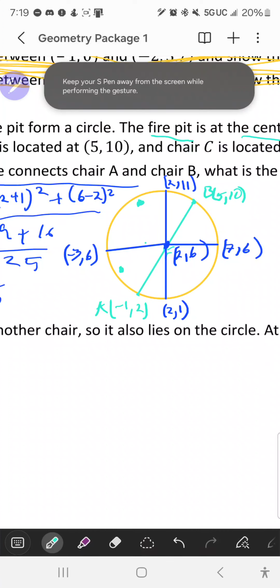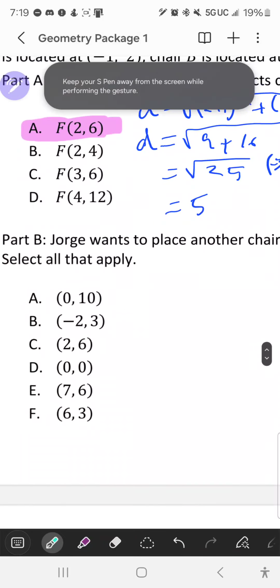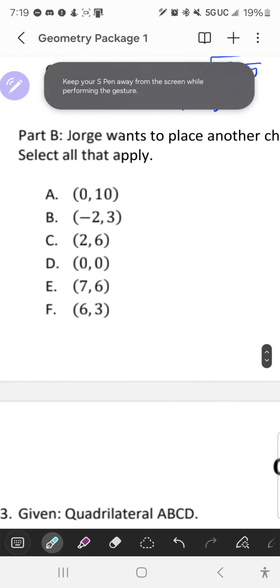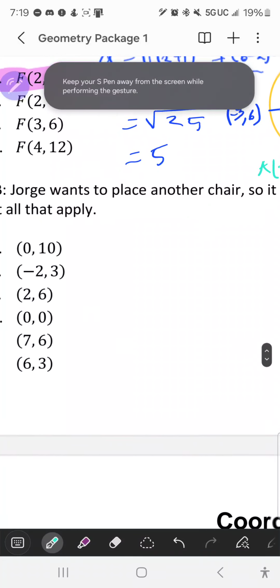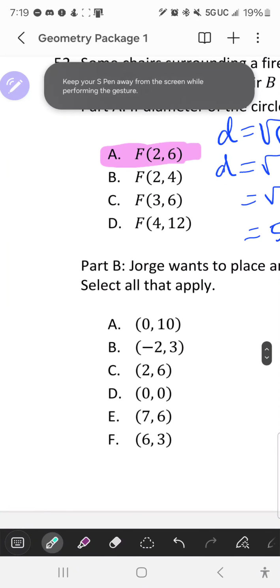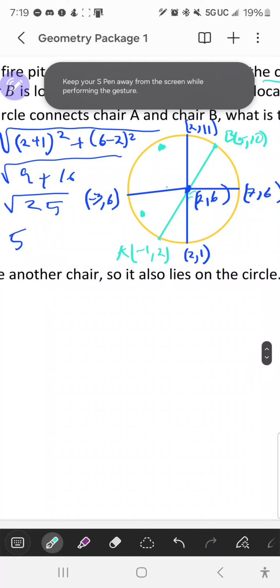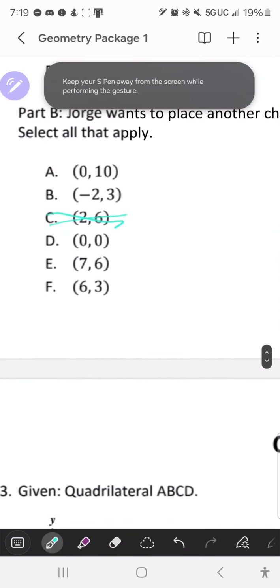It could also be in the circle, we don't know. 2 comma 6. Oh, it says select all that apply. Now 2 comma 6 is the center, so it wouldn't lie on the circle. It needs to be in the circumference to lie on the circle. So any of the yellow part or orange part, whatever.